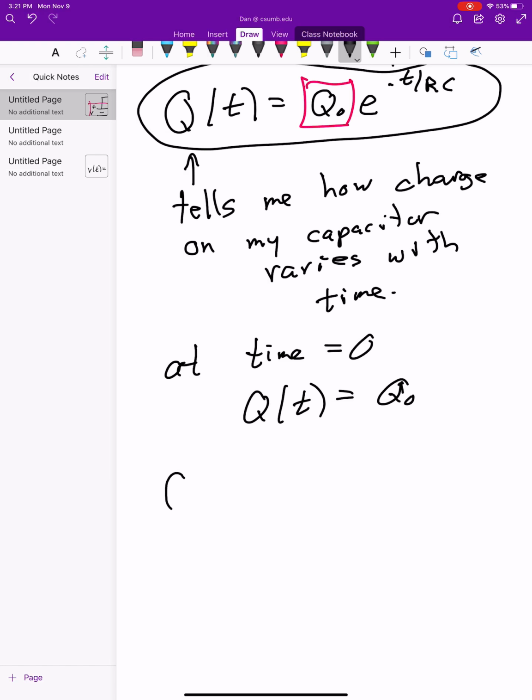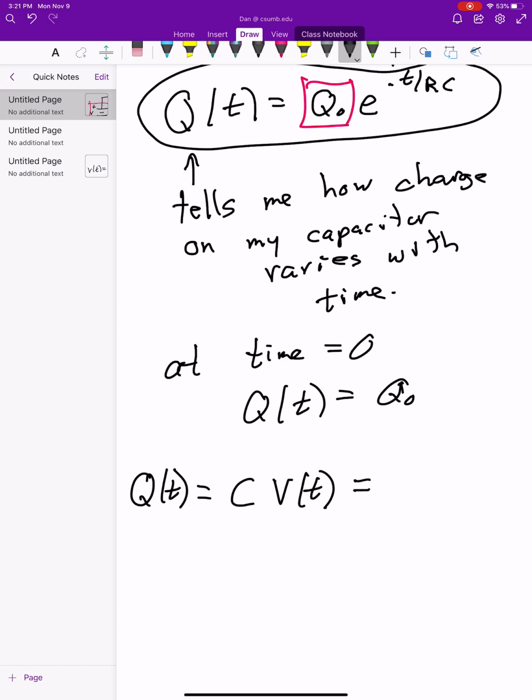Well, I know that Q is equal to the capacitance times the voltage. I'll say this is Q as a function of time. Because voltage changes with time, the capacitance doesn't. The capacitance is going to stay the same no matter what the charge is on it, no matter what the voltage is across it.